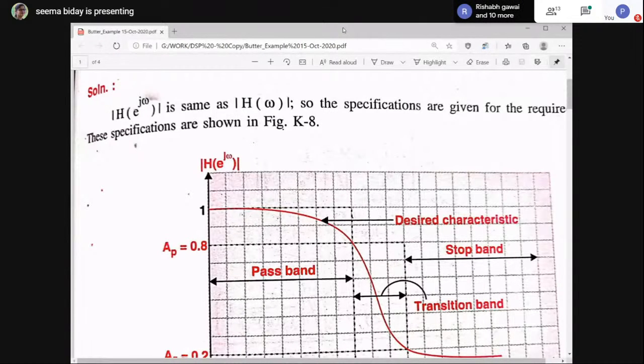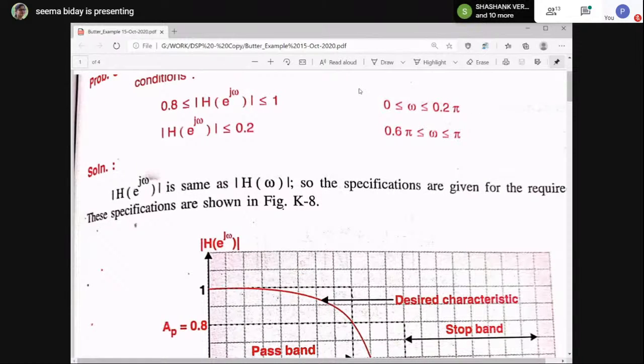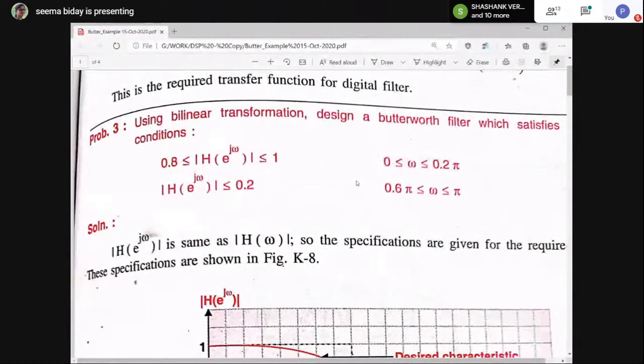Now see here. Write down the example. This is for 10 marks in descriptive questions.